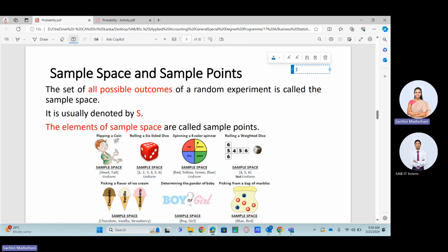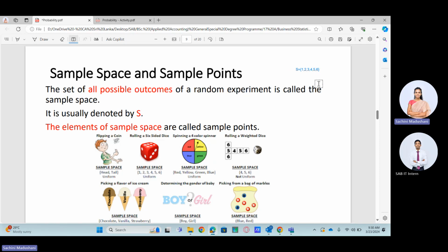Within the curly brackets we write our possible outcomes. S denotes the sample space, curly bracket open, then we write all the possible outcomes, which we call the sample space. The elements of the sample space we call sample points.